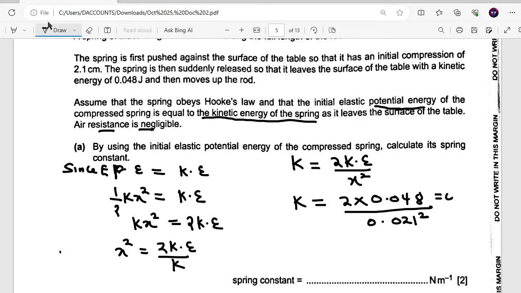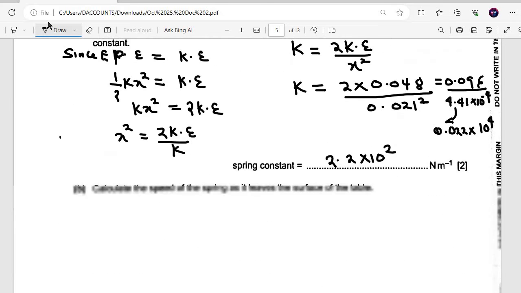So this will give us 0.096 over 0.021 squared, which is 4.41 times 10 to the power of negative 4. So that gives 0.022 times 10 to the power of 4, so 2.2 times 10 to the power of 2. That is the spring constant.